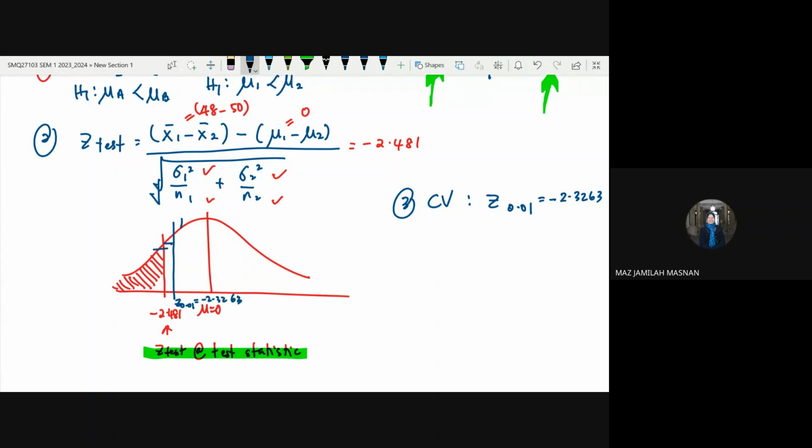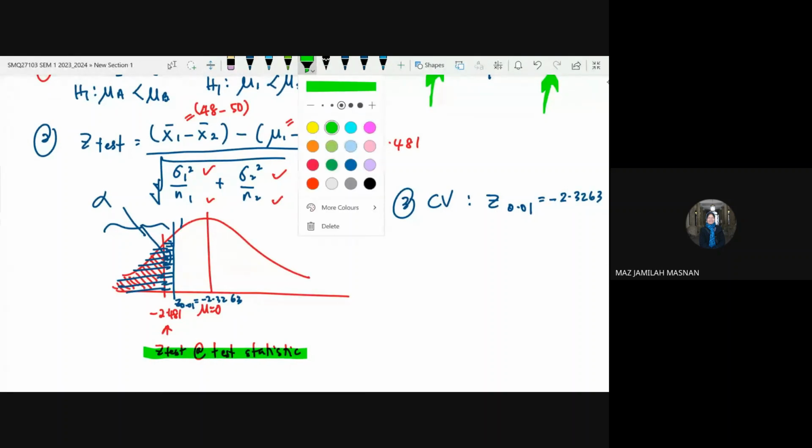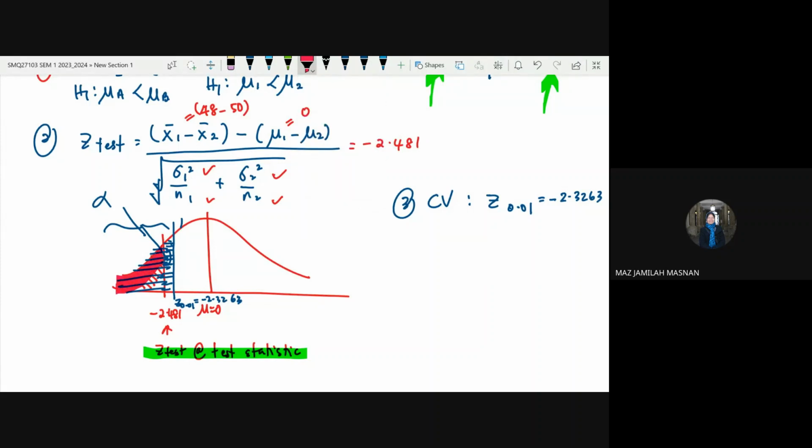And from this to this area are all alpha. If I put it in red, this red shaded area is the p-value.